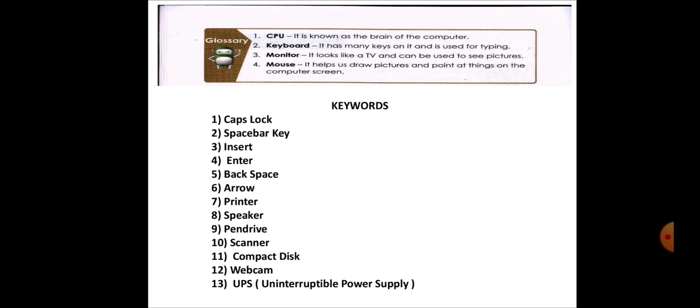Sixth word is arrow. Arrow. Seventh word is printer. Printer. Eighth word is speaker. Speaker. Ninth word is pen drive.